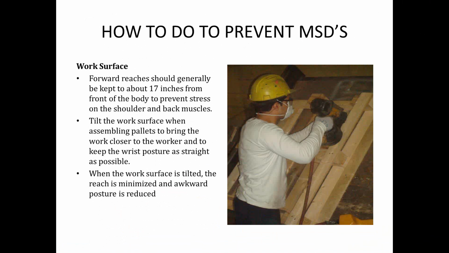It's in an upright, staggered position, and in this case, this reduces significantly the amount of stress on the shoulder and back muscles. Tilted work surfaces for assembling pallets is a tried and true method of reducing the stress to a worker when engaged in manual new pallet construction.